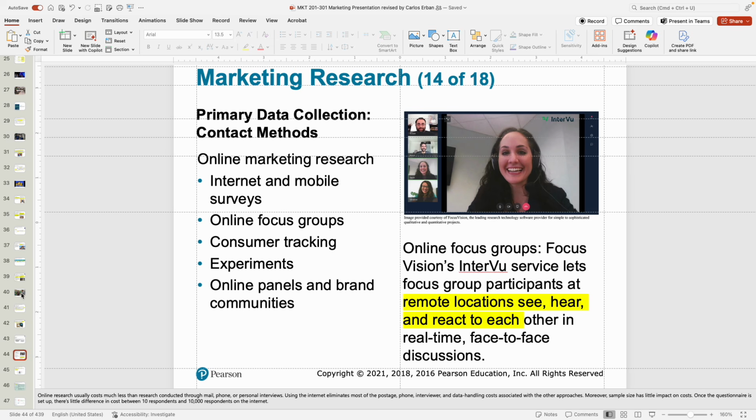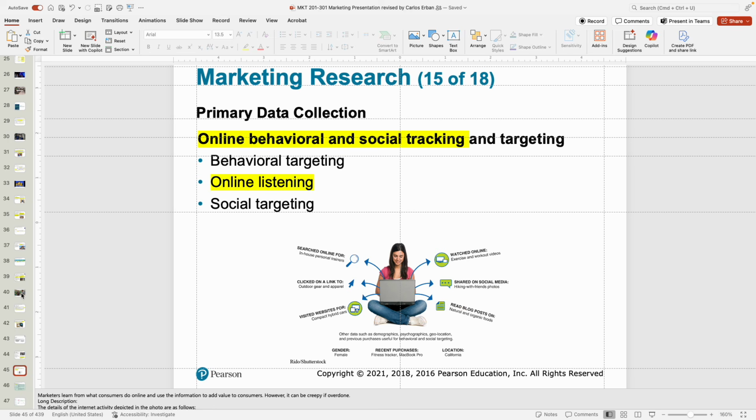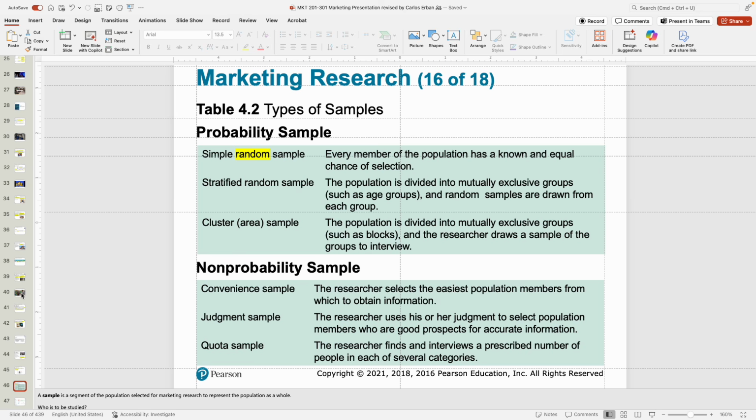But now, with digital marketing and social media, you can see the comments that people leave on review sites or in social media. So a lot of this is now considered secondary research because it's available to everybody. This is what is called online listening or social listening. So this is stuff that you can find online.